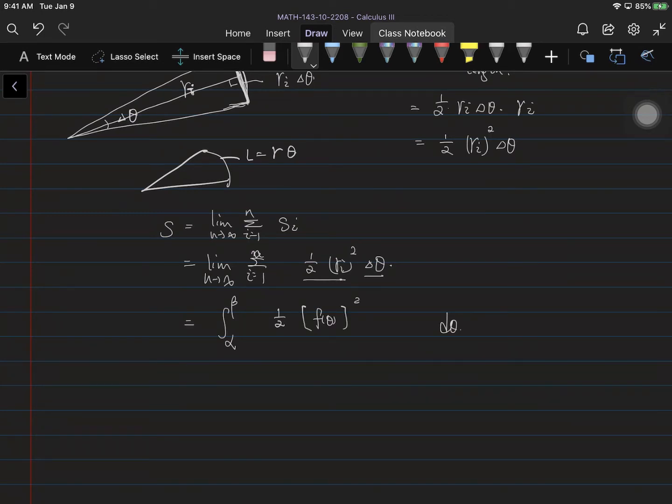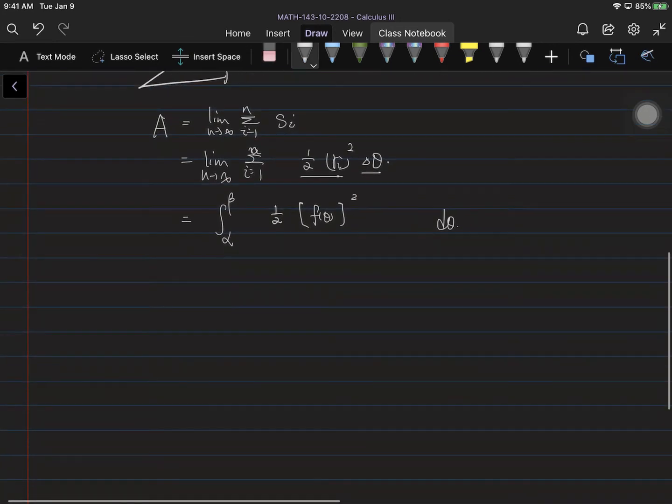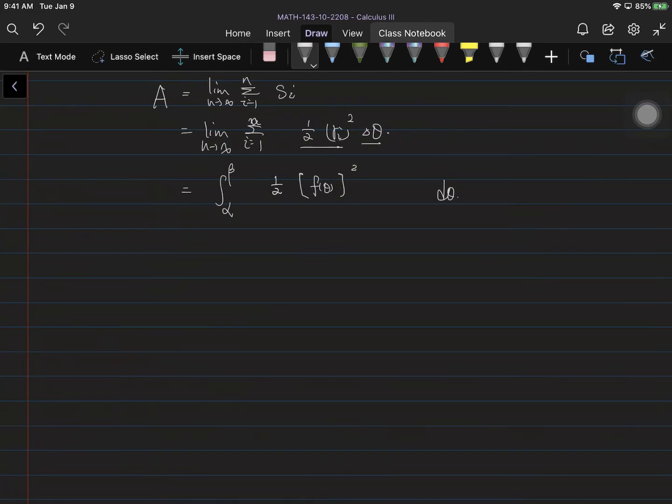Okay, so this is the formula for the area. Let's write this as A. Usually we use S for surface area, right? So this is just the area for the fan shape. Or you can write it as the integral from alpha to beta of 1/2 r squared d theta. Either way, they are the same thing, right?